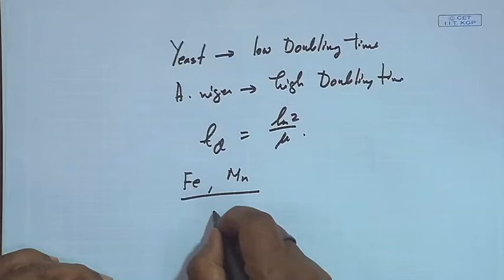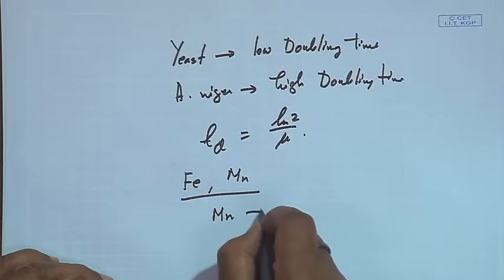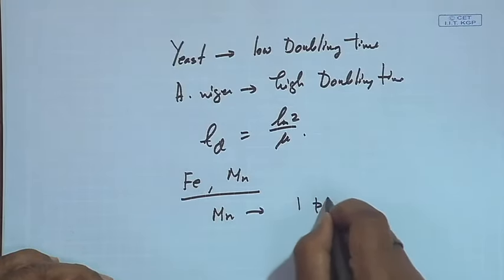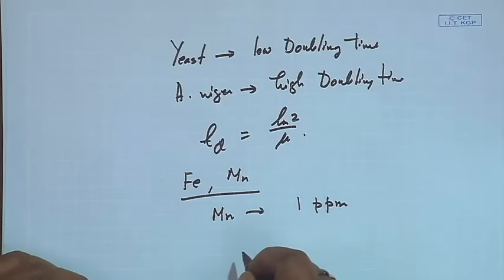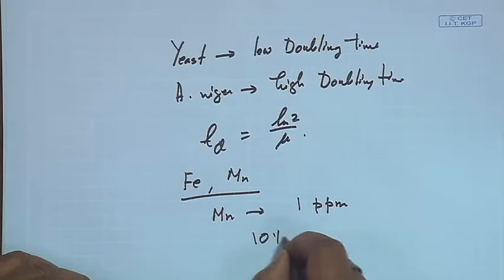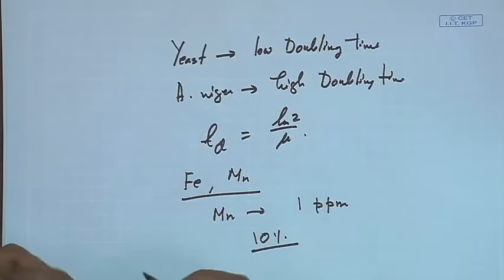So this is the problem that we have. We have observed that if manganese concentration is increased by 1 ppm, then our citric acid yield is reduced by about 10%.